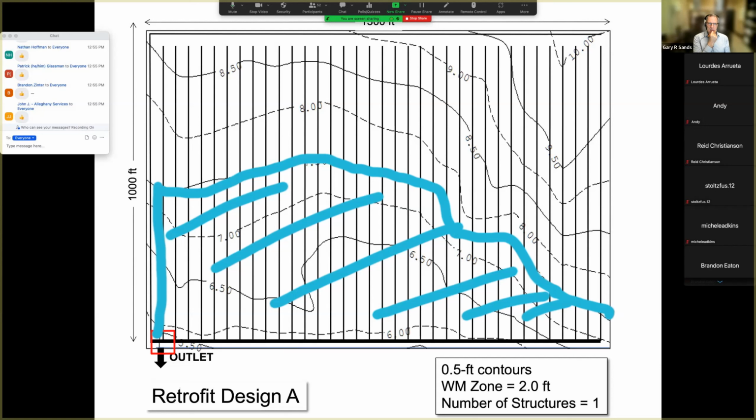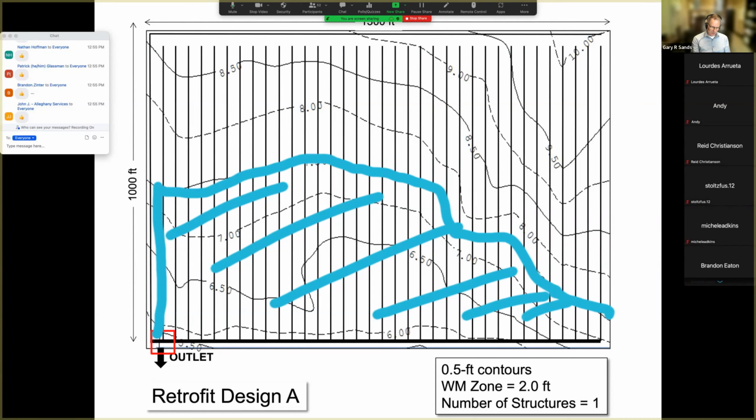But I wonder if anybody thought about placing the structure at where we have it here. And the 5.5 foot contour line really just kind of crosses over the corner of the field. What if we were to, let me clear my screen here.